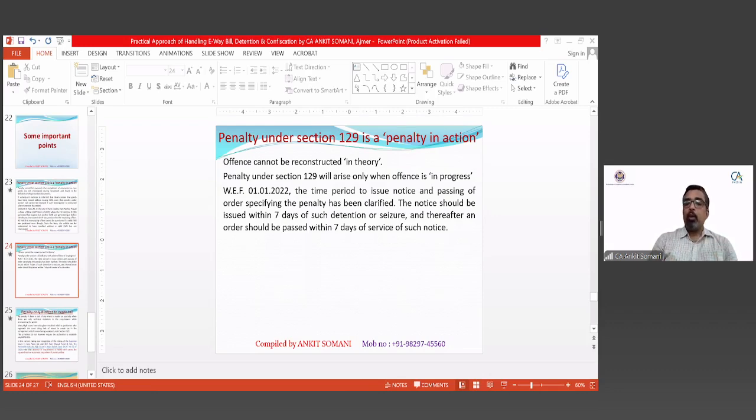Again, the same important MP High Court judgment can be referred to here, which gave a positive judgment, even in the Calcutta High Court, Karan Singh versus State of West Bengal.